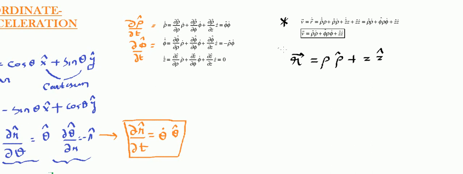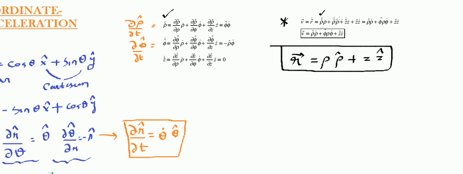This is how the position vector is written in cylindrical coordinates. Using the same trick that we did before, do the time derivative, and you have to find rho cap dot, which is found here, then z cap dot is found here. In this way you can do your calculations and you will find velocity.